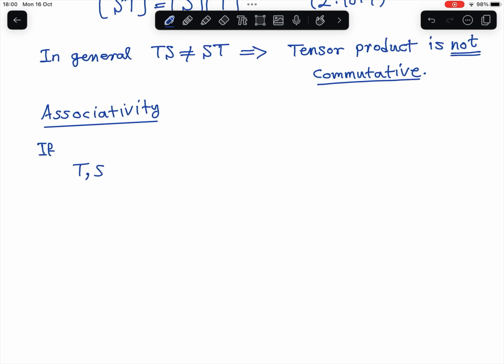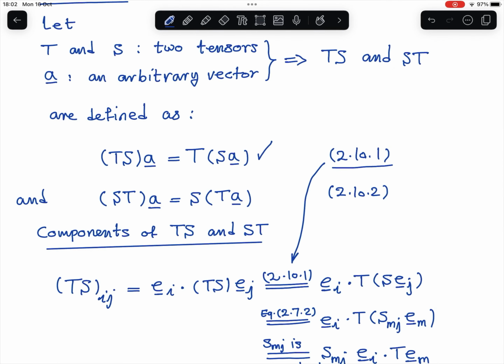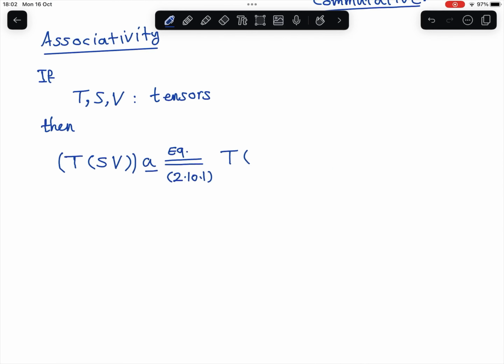If T, S, and V are three tensors, then we can write T applied to the tensor product of SV and the result applied to the vector A. From the definition, we can write it as T applied to the result of the product of SV and A. This can be written as S applied to VA from the above definition, so it equals T applied to the tensor product of S and VA.